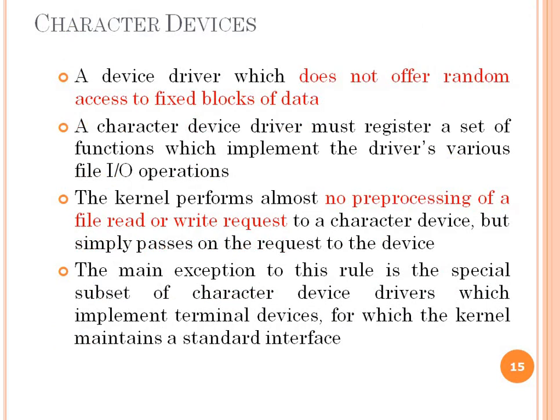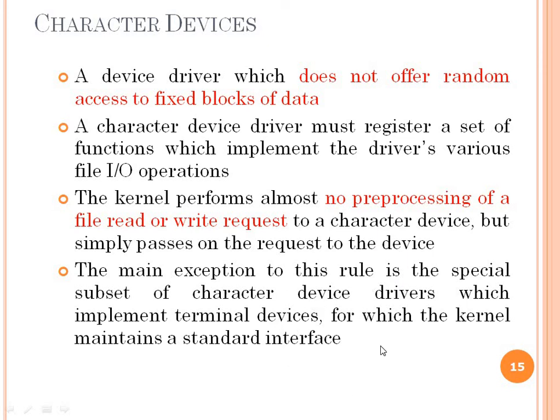Then we have, secondly, the character devices. A device driver which does not offer random access to a fixed block of data is a character device, like the keyboard and the mouse. The device driver must register a set of functions which implement the driver's various file IO operations. Also, the kernel performs almost no pre-processing of the file read and write requests. It simply passes the request to the device.